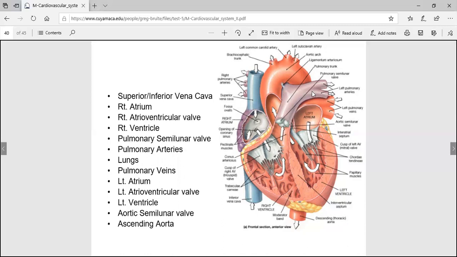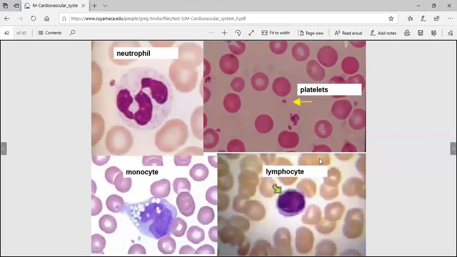Okay. Then after it gets oxygen, the pulmonary arteries, pulmonary trunk, pulmonary arteries. Then when you come back, it comes back through pulmonary veins from both sides into the left atrium, left AV, left ventricle. Now you got to get out, so you go through the aortic valve and into the aorta. Got it? I think you do.